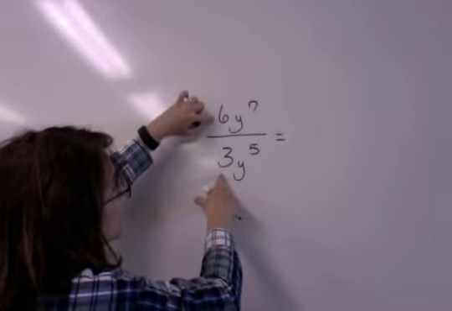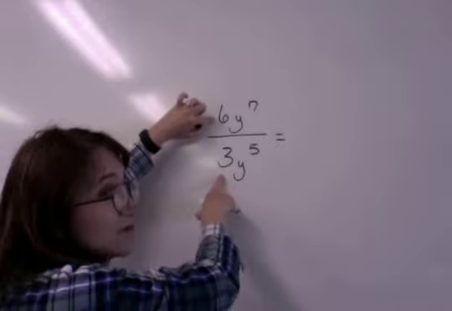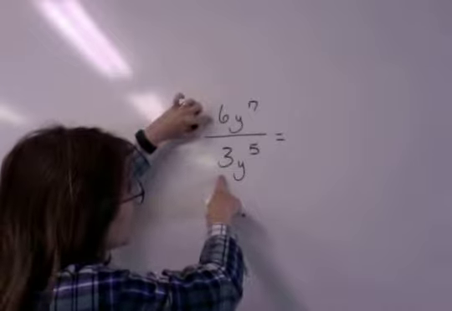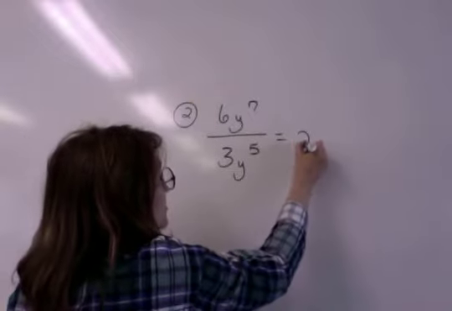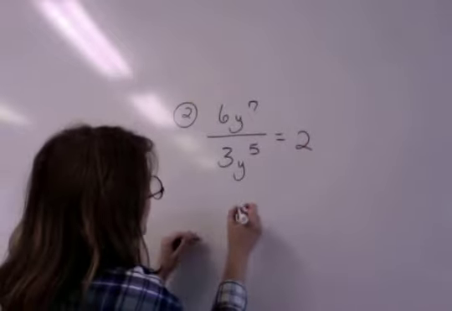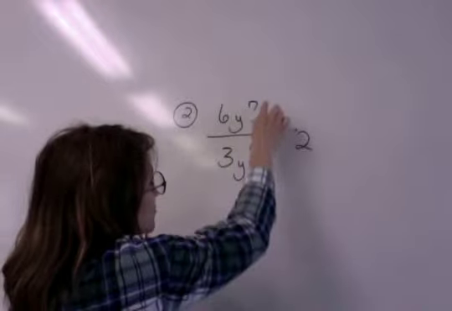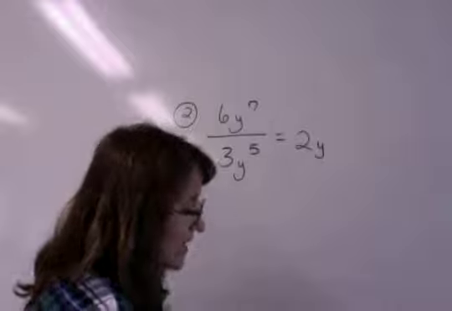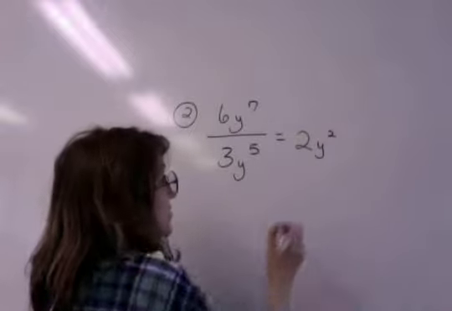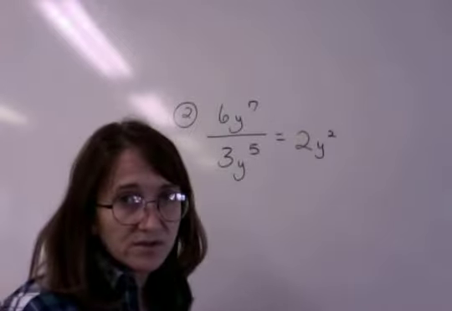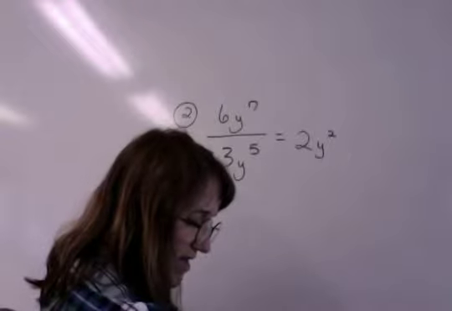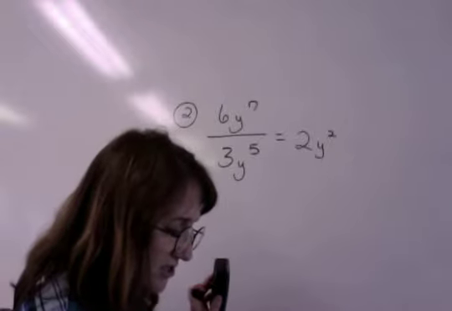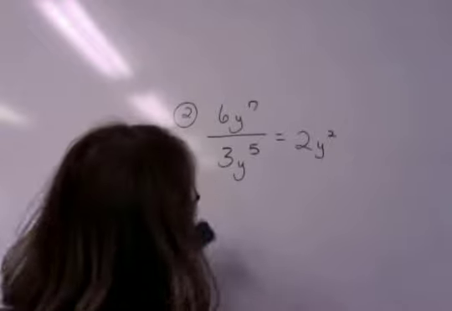With those two numbers, hallelujah, they divide evenly. That's going to end up being a 2. And then what's happening to my exponents? I'm subtracting them, and I'm going to end up with a 2 as well. So that's going to be 2y squared is my answer. Now, let's look at some other stuff.